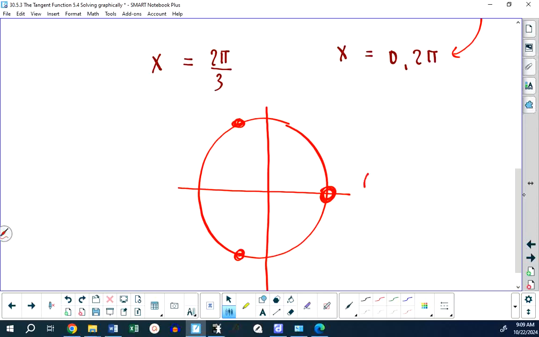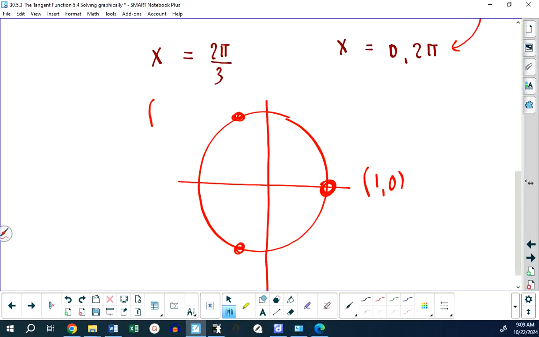Really, you should be putting negative 1/2, comma, root 3 over 2. And by the way, there's another one here I didn't put yet, 4 pi over 3.